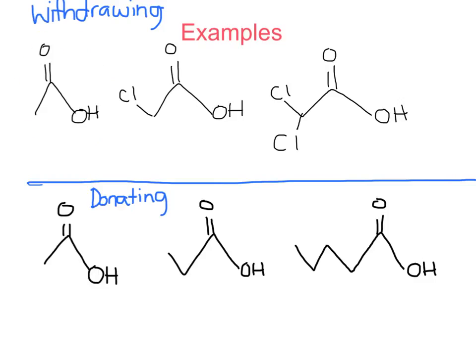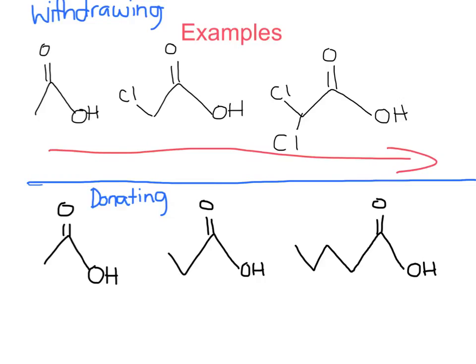The reason is that this one over here has two chlorine atoms, which are withdrawing groups, and they are pulling the electron density towards them, making it more acidic. I don't know the exact pKa's of all these, but what I would do is draw an arrow going this way, showing that it gets more acidic as it goes to the right.